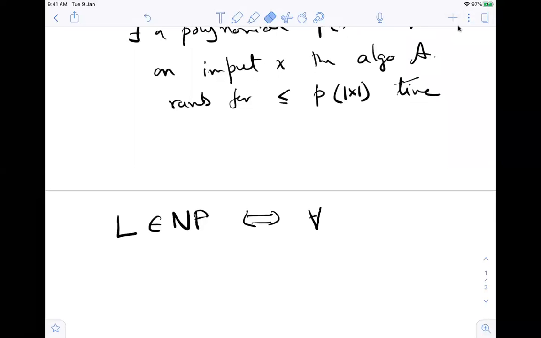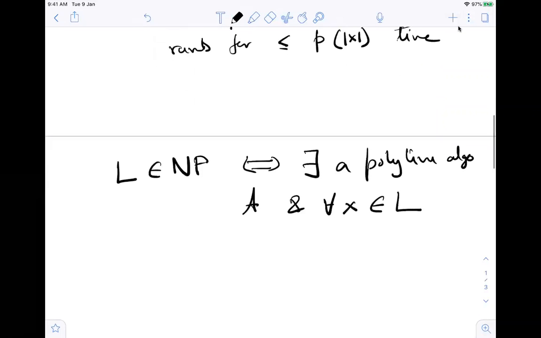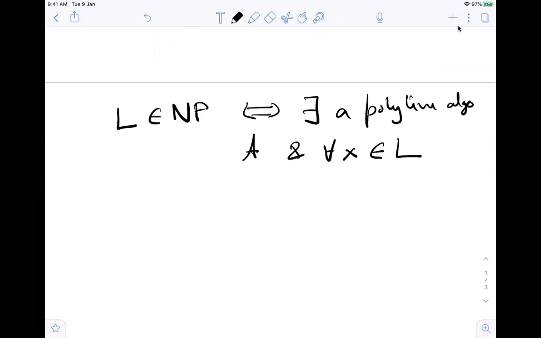Maybe I should write it very carefully. There exists a polytime algorithm A, and for all X in L, meaning if X satisfies the language L, okay, be a bit careful over here.